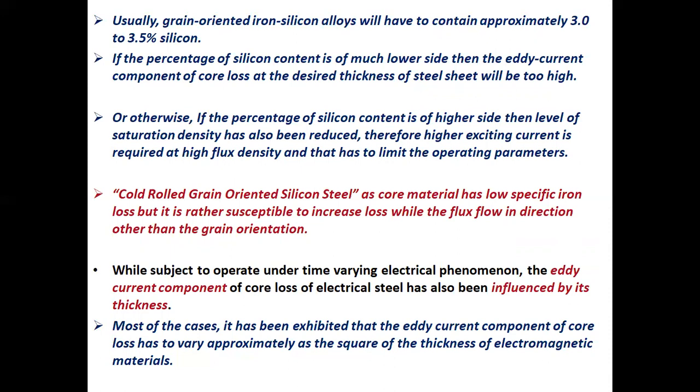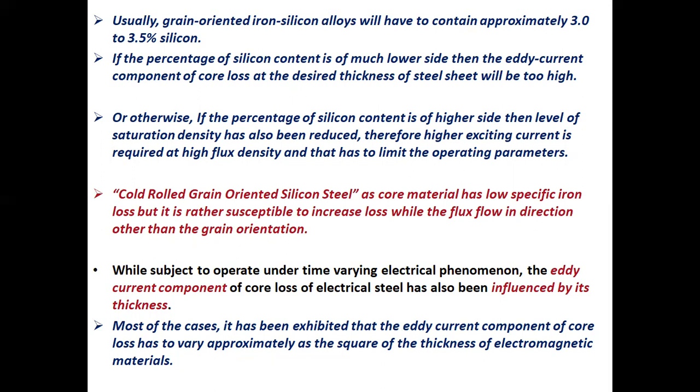Otherwise, if the percentage of silicon content is higher, then the level of saturation density is reduced. Therefore, higher exciting current is required at high flux density, and that limits the operating parameters.